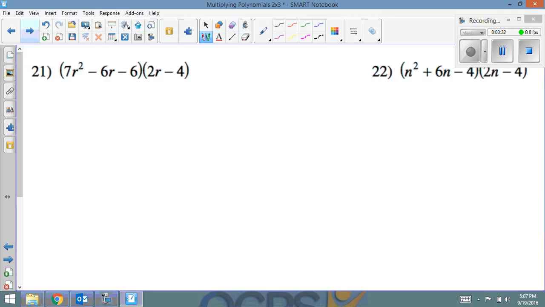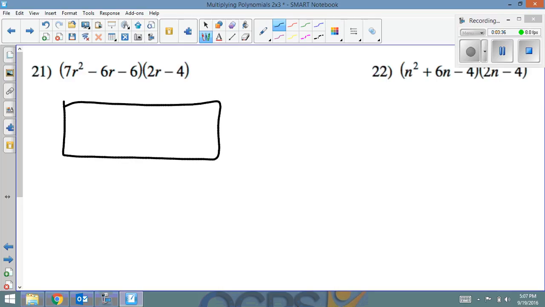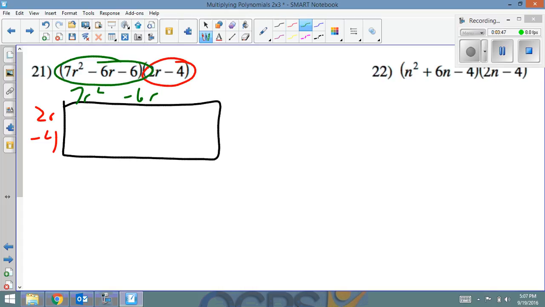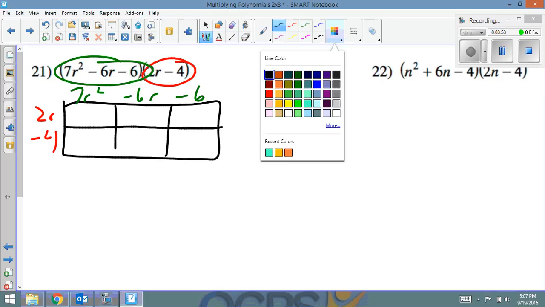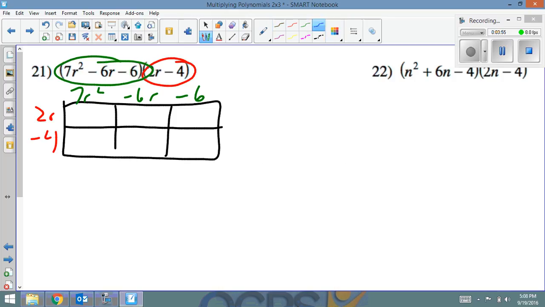So some more examples. Okay, again, draw yourself a box. Smaller term, 2 terms go on the side. 3 terms go on top. Okay, put your lines down. The first box, it's 2r times 7r squared, which is 14r to the third.